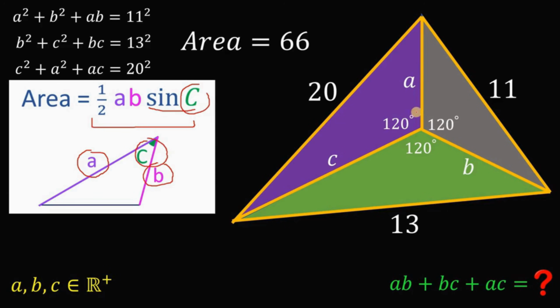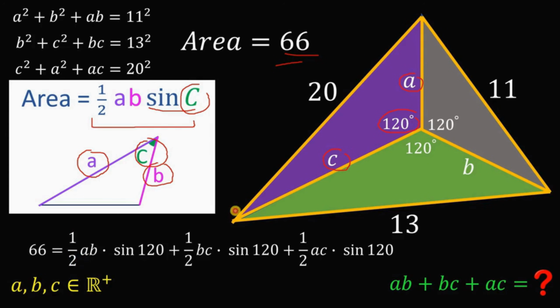We know our included angle here is 120 degrees, and we have the sides A and C. So 66 must be equal to 1/2 times AB times sine 120, which is our first triangle, plus 1/2 times BC times sine 120, the area of our second triangle, plus 1/2 times AC times sine 120, our third triangle.